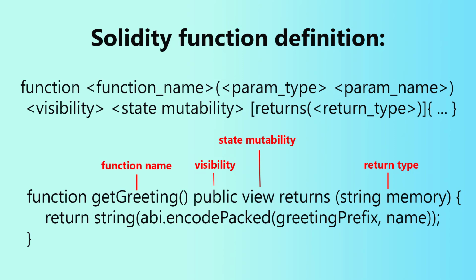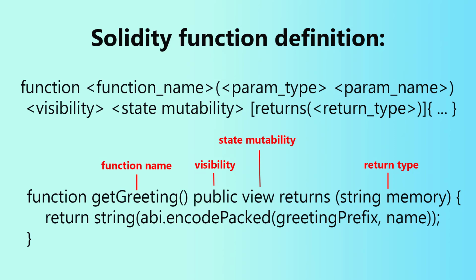So returns string memory. And if you recall from the 101 video, memory specifies the data location type, and that the returned value will just be stored in the function memory, and basically will be erased once that function returns. And then inside the function body, we're returning a string concatenation of the greeting prefix and name.